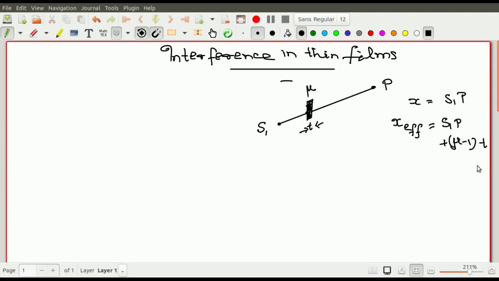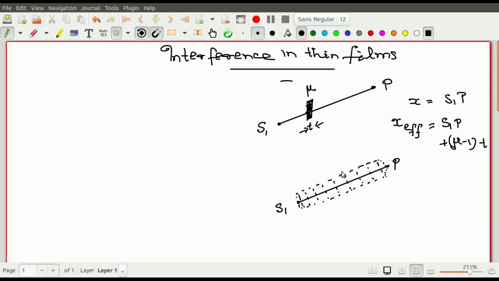Now suppose that the entire path length is within a medium of refractive index mu. So suppose this entire S1P path is going through a medium. The entire path is within a medium.